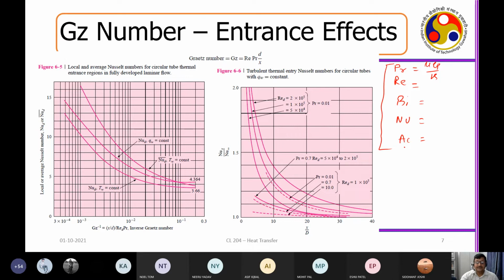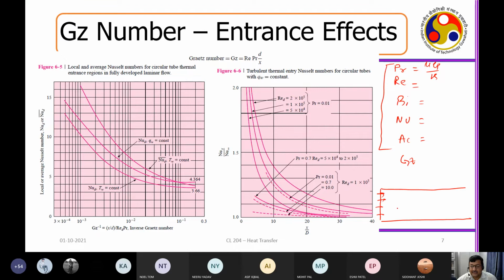So similarly, we have another number which is called the Graetz number, Gz. Okay, what it does, you see that the Graetz number is defined as Reynolds number times Prandtl number times d by x. So suppose you have a pipe, and at the entrance of the pipe, the flow that is coming is a plug flow, it's uniform.